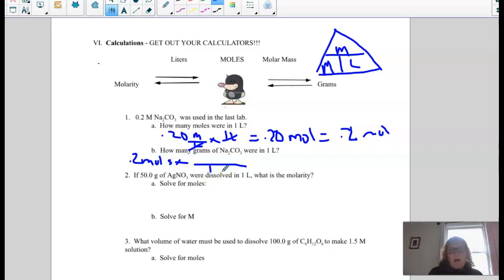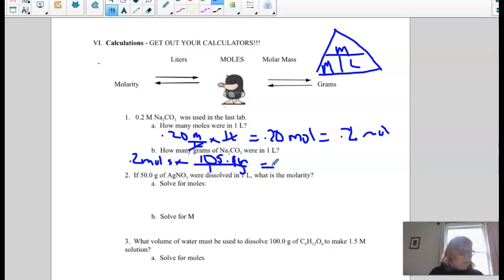So let's figure this out. The molar mass of sodium is 22.98, multiply that by 2, plus carbon is 12, plus 16 times 3. That gives me a molar mass of 105.96.